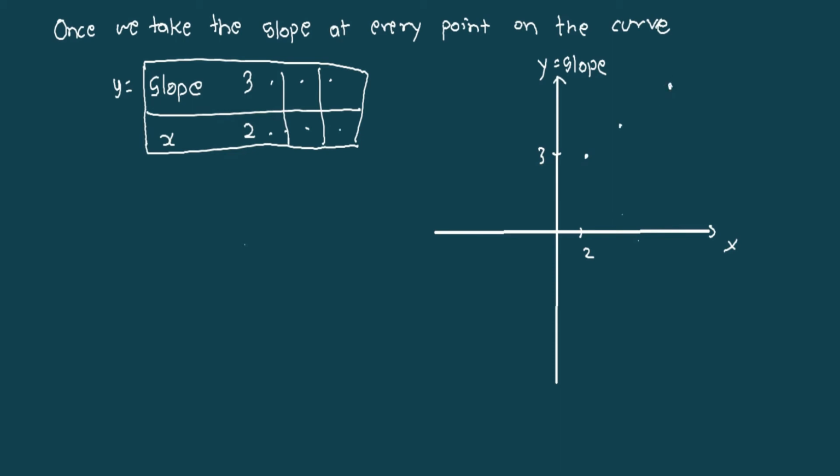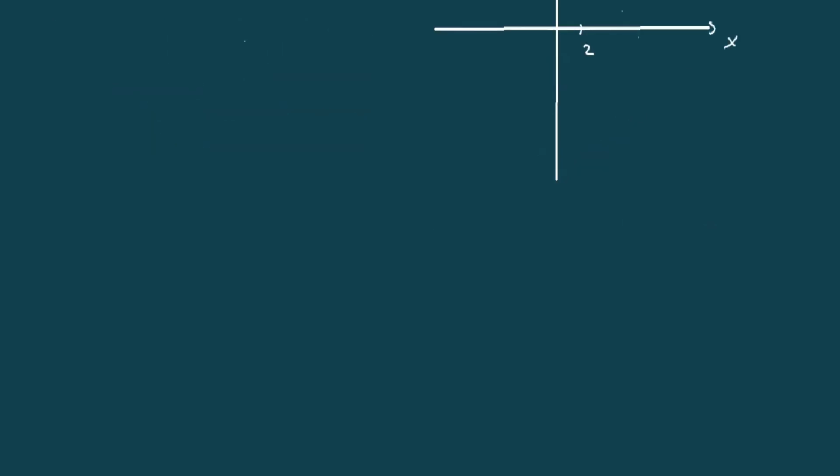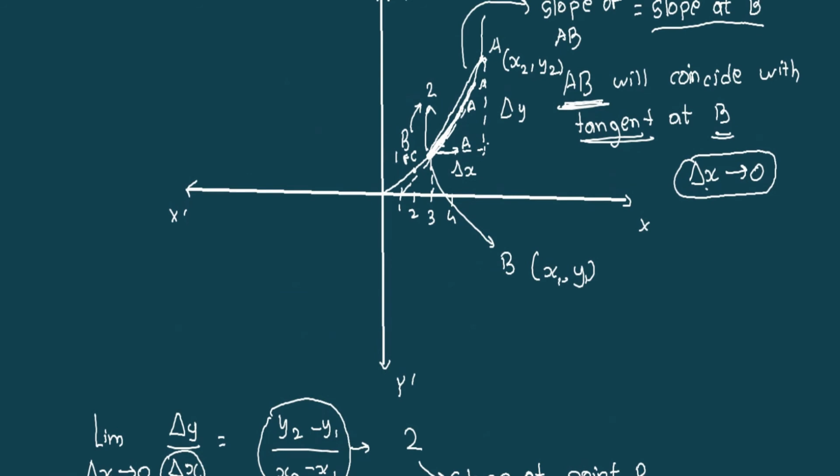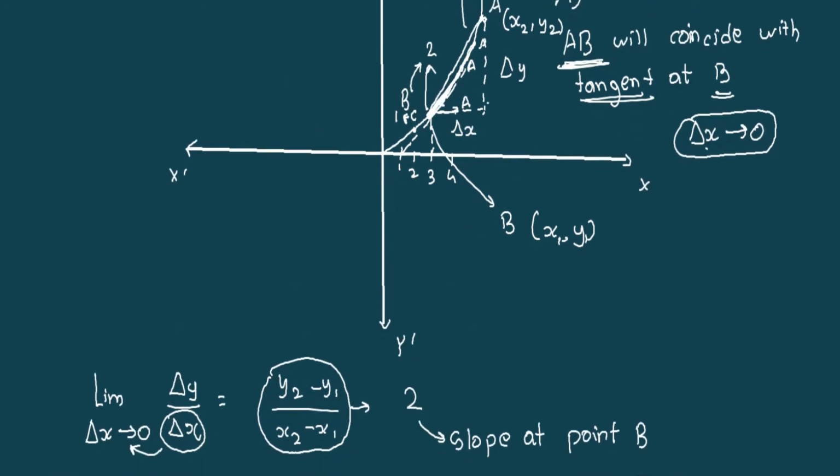We plot some particular set of points, and we may get a straight line, or not necessarily a straight line, we get some particular figure, some particular curve, anything. And so in this particular case, this line is what we have got. Now, one of the things that you might be thinking wrong is that as delta x tends to 0, delta y also tends to 0, right?